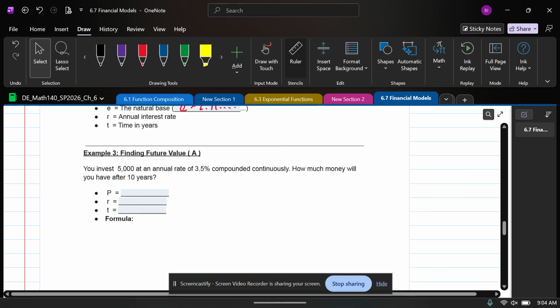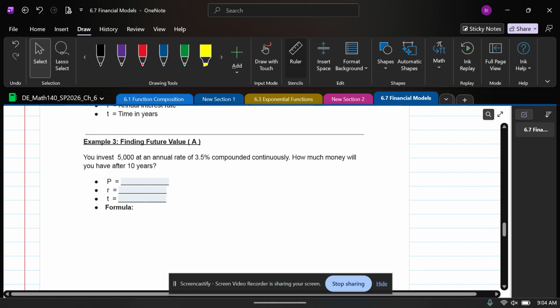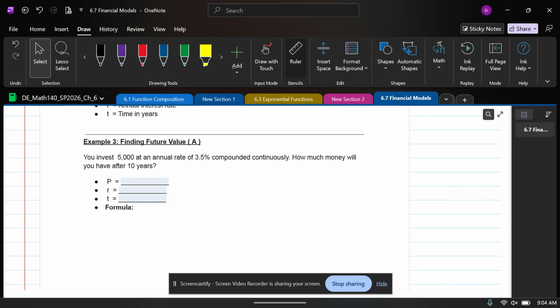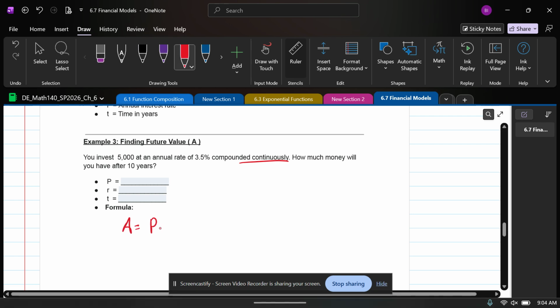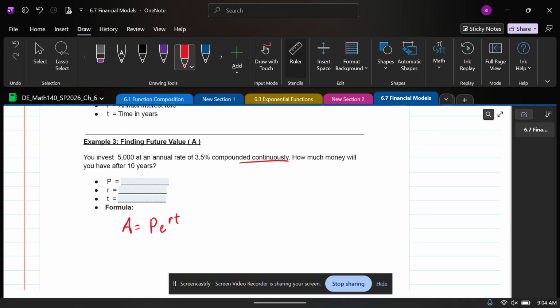Okay. So let's look at an example of that. So here we're investing $5,000 at 3.5% compounded continuously. So that's how I know to use the PERT formula. A equals P times E to the RT.